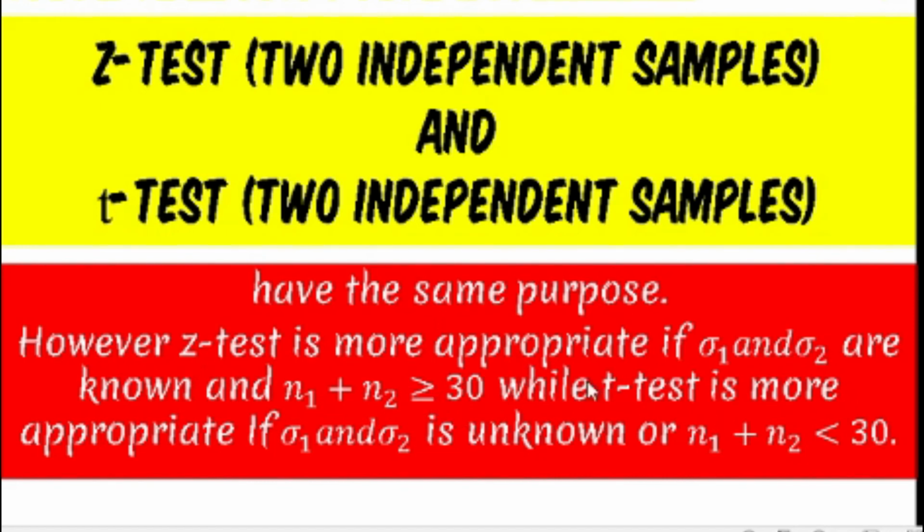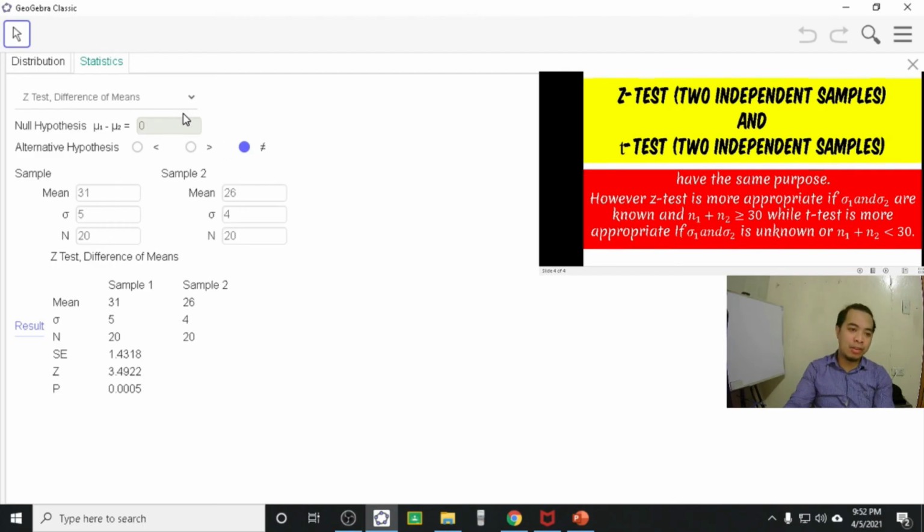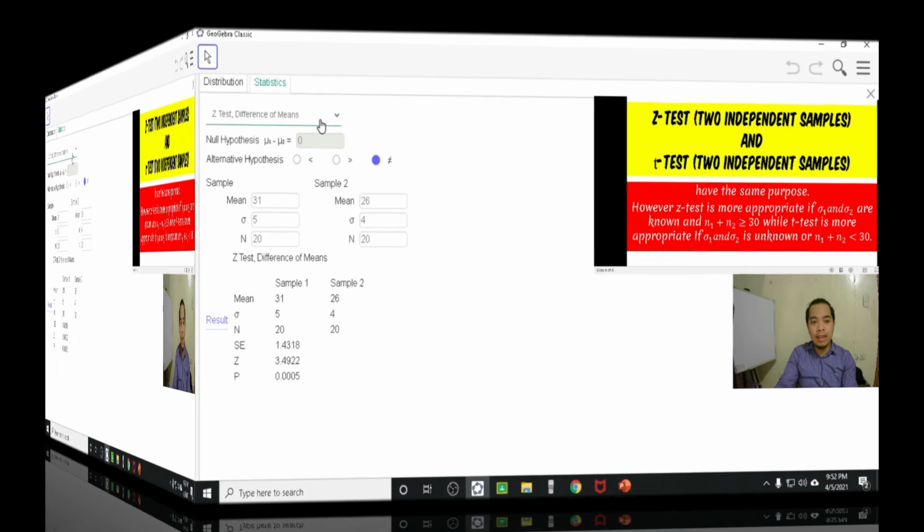If one of those two conditions is not met, then we have the alternative test. We call it t-test. That means the population standard deviations are not known, or the combined sample size is really small, less than 30. So that's how we can apply some of the hypothesis tests that we have here.